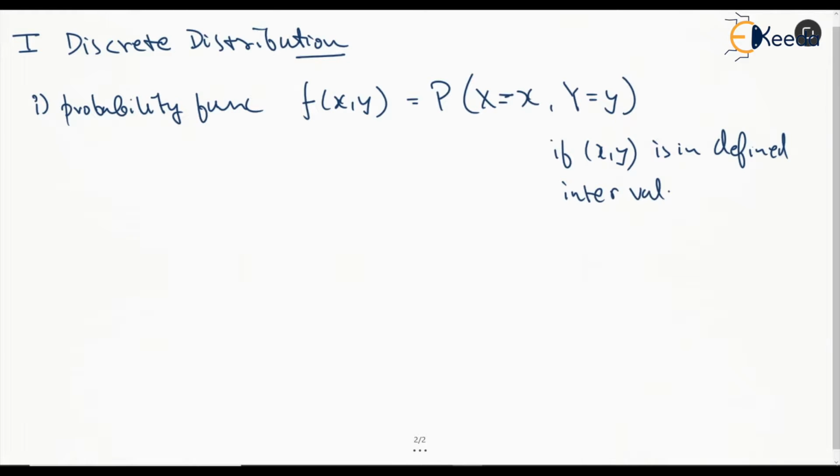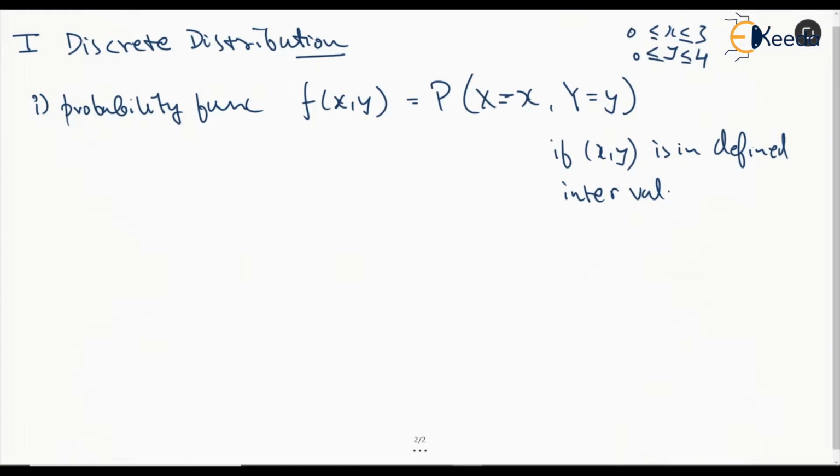There is a possibility that the function is defined in a certain range, let's say x should be greater than or equal to 0 and less than or equal to 3, and y should be greater than or equal to 0 and less than or equal to 4. It's like x should have a range of 0 to 3 and y a range of 0 to 4.